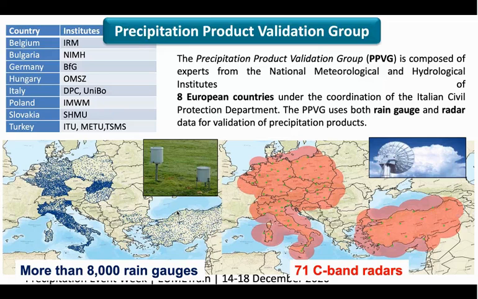All the countries use the data, rain gauges and radars, in the same way. That means there is a common protocol agreed by all these countries, and also a common code used by all of them to perform the validation and verification of the precipitation products. And you will have a presentation about that in the next days.